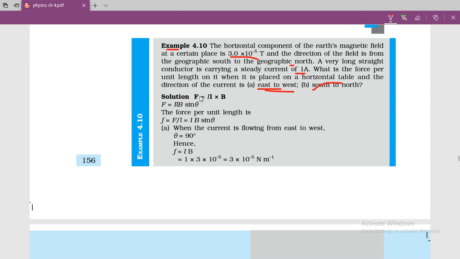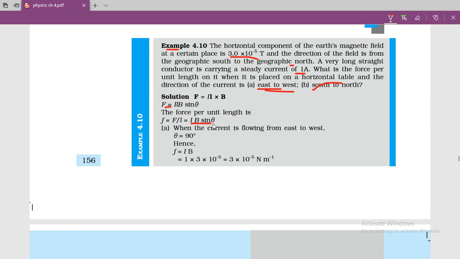The formula for this case is F is equal to I L cross B, or you can write I L B sin theta n cap. But in form of magnitude n cap will be 1, so we write F is equal to I L B sin theta. Now force per unit length is F by L, so we can rearrange this equation such that F by L is equal to I B sin theta.